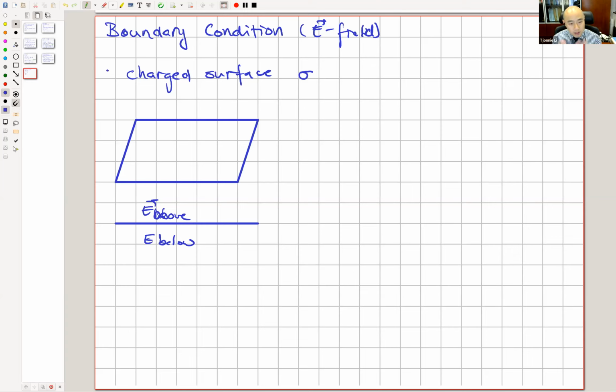So the first question is then, how would you be able to relate what is E above and what is E below? Anyone have a clue?